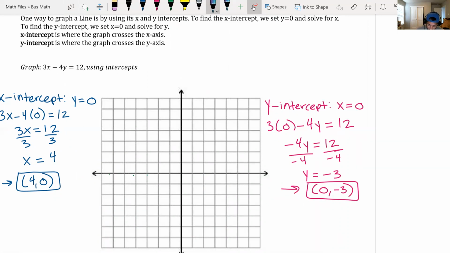So 1, 2, 3, 4. There's my first point at (4, 0). Then for my y-intercept, I go (0, -3). That means I go down 3 places from the center. 1, 2, 3. There it is. So there is my x-intercept plotted. There's my y-intercept plotted. All you have to do is connect the two points.